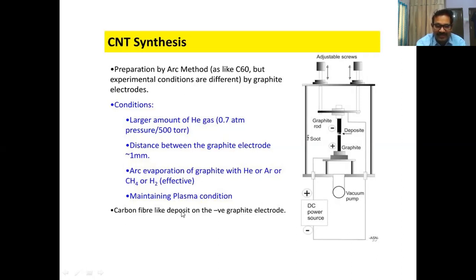Carbon fiber like deposits form on the negative graphite electrode. Sometimes not only carbon nanotubes, fibers will also form. It's all size dependent. Bigger size, then they normally start depositing on the negative electrode. So carbon fiber like deposits on the negative graphite electrode, and this we call a carbon nanotube.